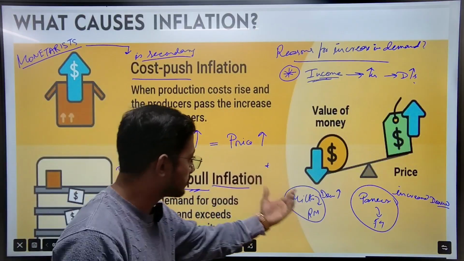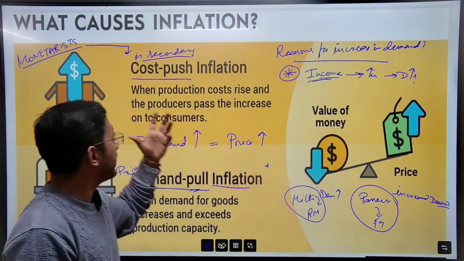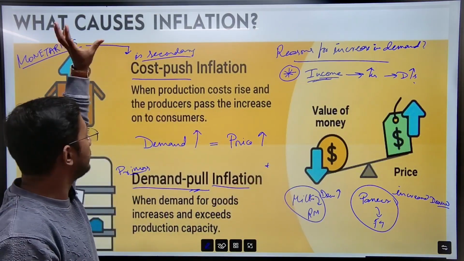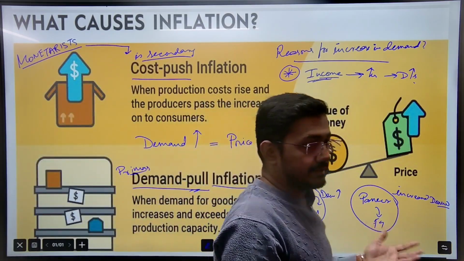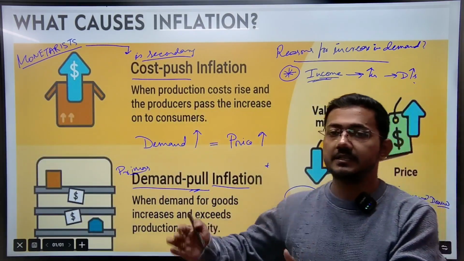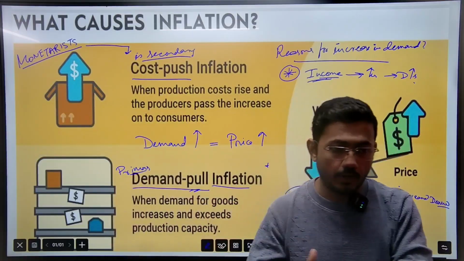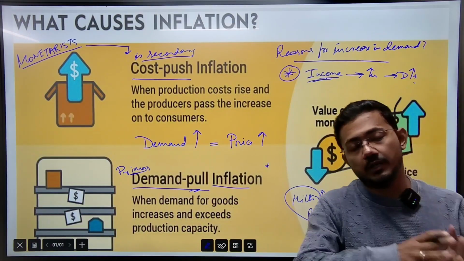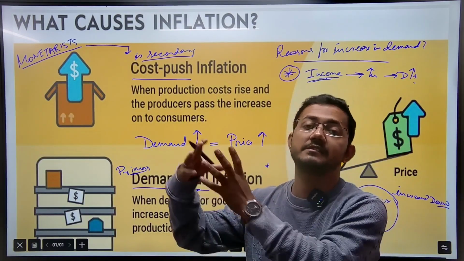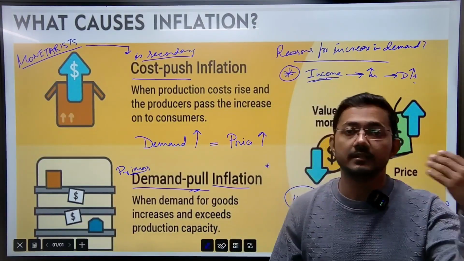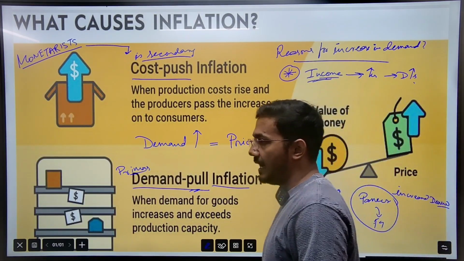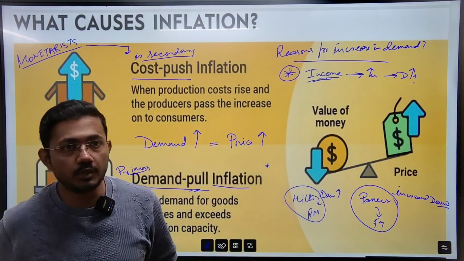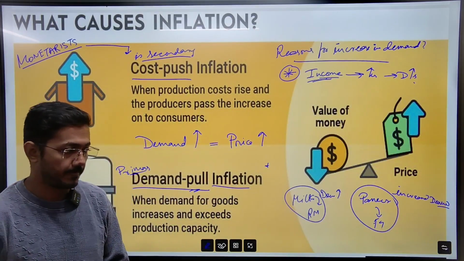That means this is also demand pull inflation rather than cost push inflation. So for this set of economists, known as monetarists, money supply is primary. If you have more income, you will demand more, and prices of goods and services will rise. So that is the concept of cost push inflation and demand pull inflation.